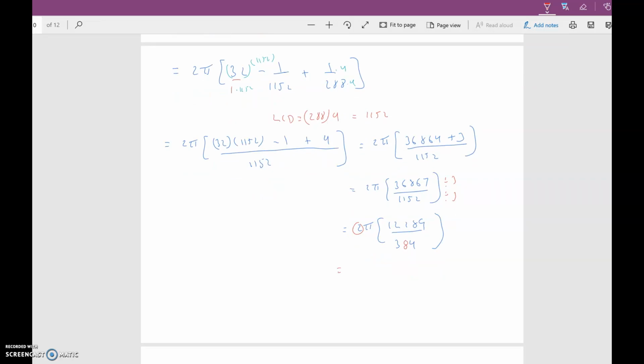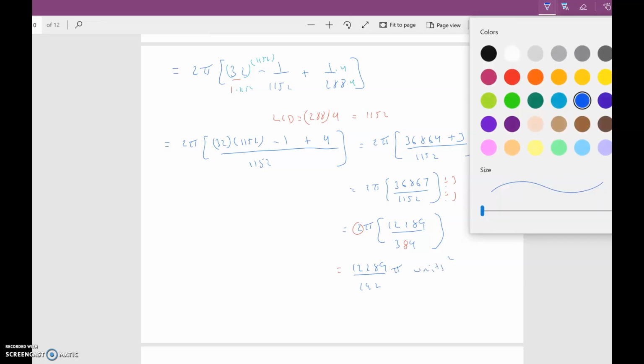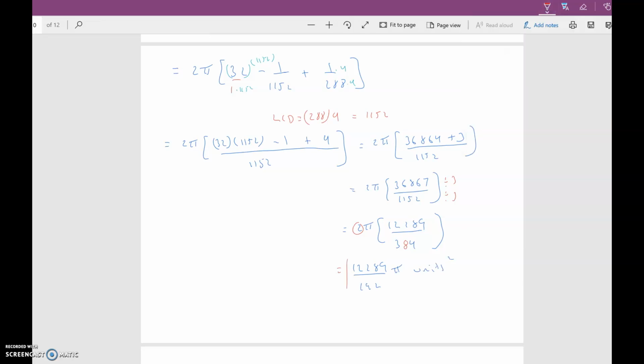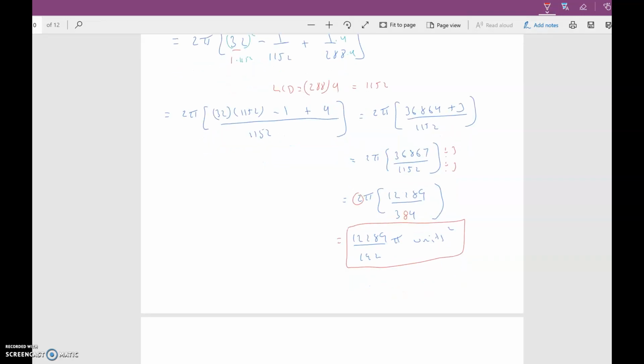So we're looking at 12,289 pi divided by 192, and technically units squared. And let me give you a decimal approximation on this one.